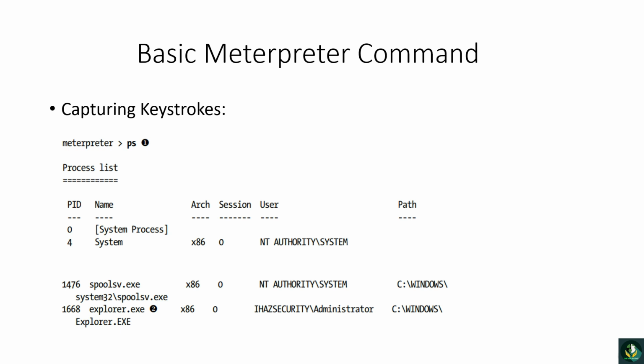Capturing keystrokes. Now we will grab the password hash value from the system, which can either be cracked or used in an attack. We will also start keystroke logging, which means recording keystrokes on the remote system. But first, let's look at the running processes on the system with the ps command. Just type ps in Meterpreter and it will give you the list.